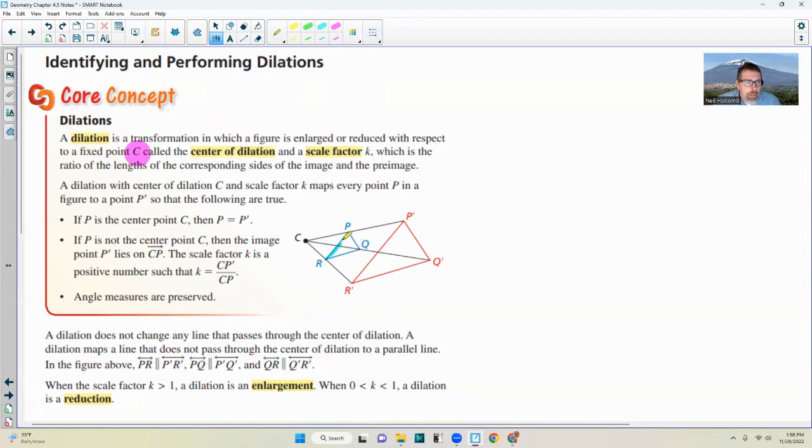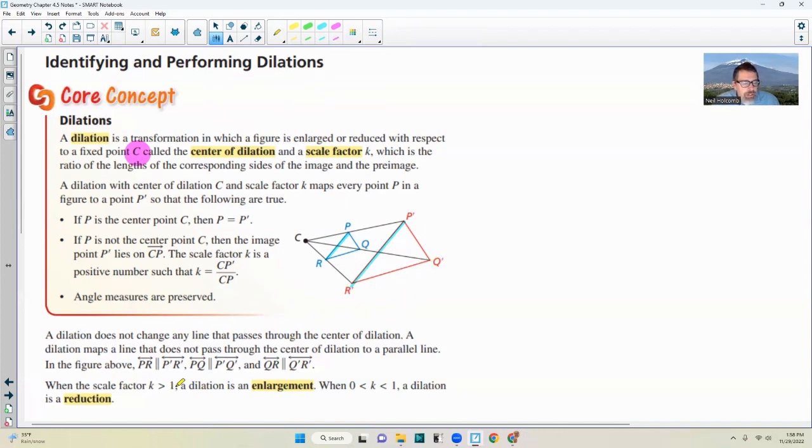Line PR is right there. In the figure above, line PR is parallel to P prime R prime. These two lines here are parallel. PQ is right here. That'd be parallel to P prime Q prime. And RQ, or QR, this side, would be parallel to R prime Q prime.